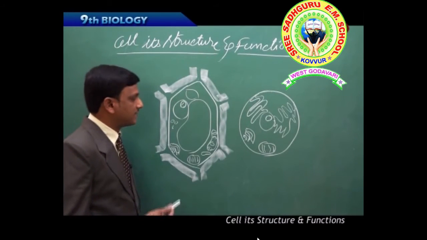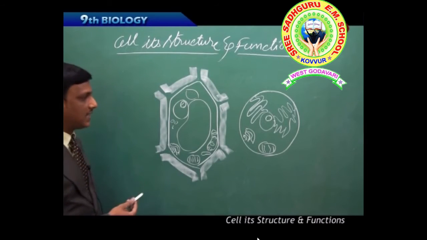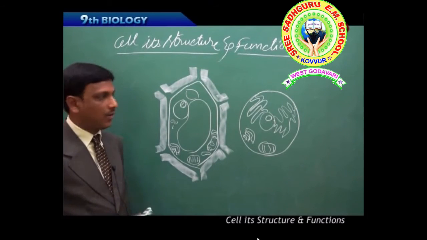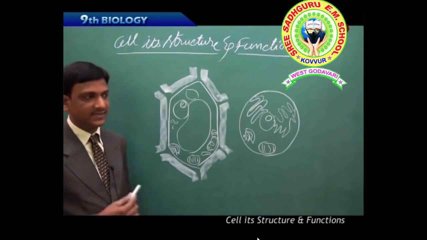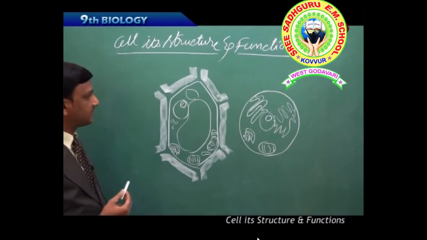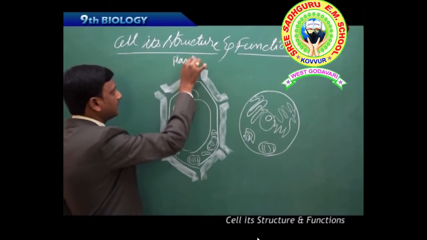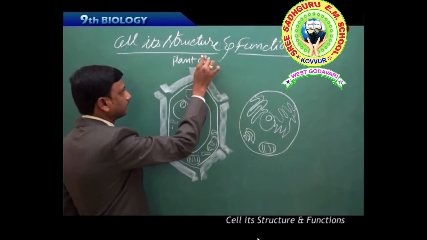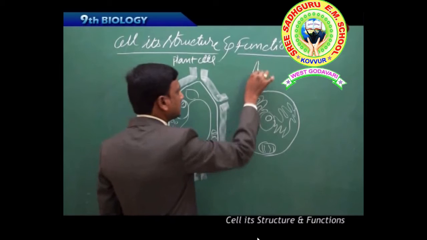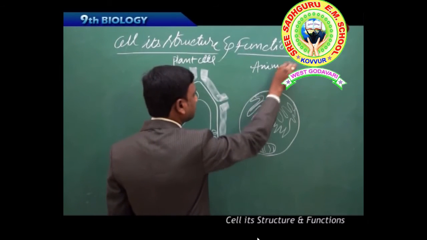Now, here we have the diagrams of a typical plant cell and an animal cell. Now, let us label their parts and see the differences and similarities among them. So, this is a plant cell and this is an animal cell.